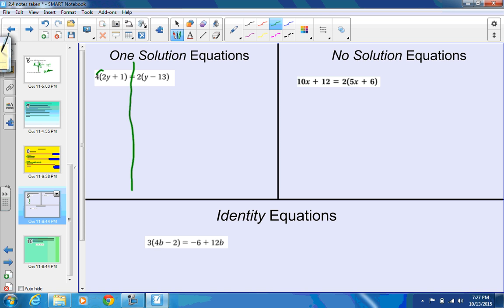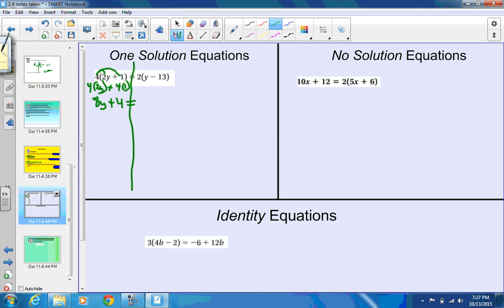So when you distribute, you do 4 times 2y, and then you keep your addition, and then you do the 4 times the 1. And you end up getting 8y plus 4. And we're going to carry that equal sign on down.